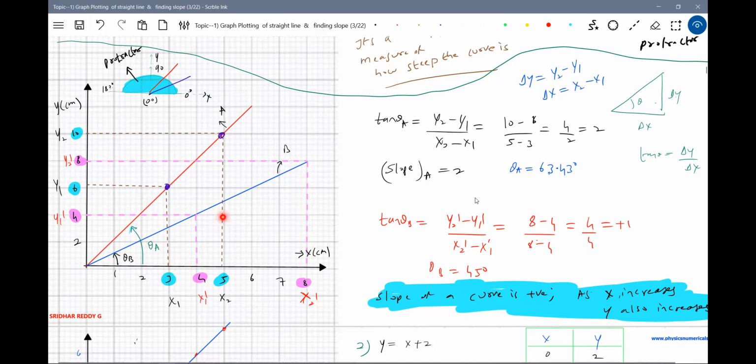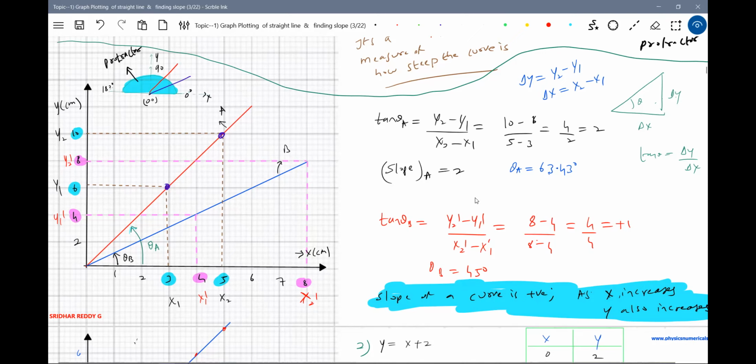Corresponding to this, x2 is 5. Then corresponding to this particular point, y1 is 6. Corresponding to this point, y2 is 10.